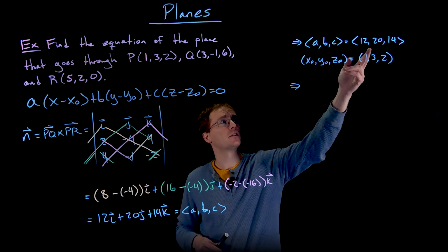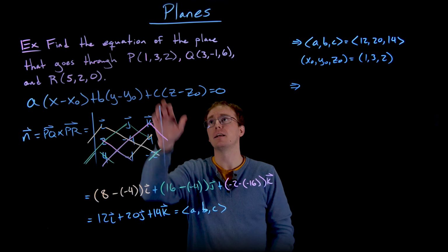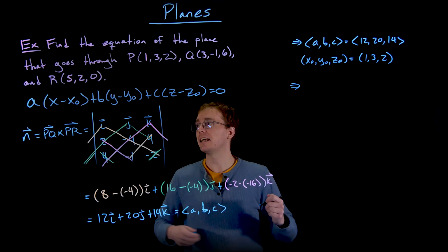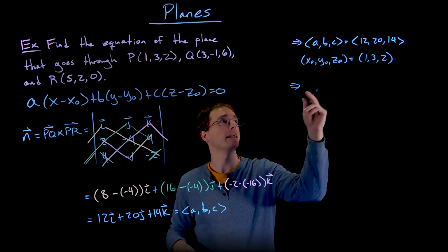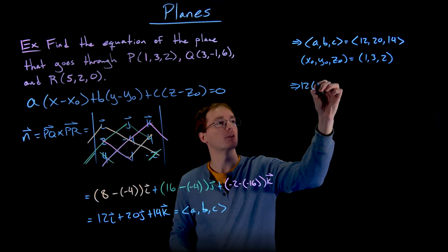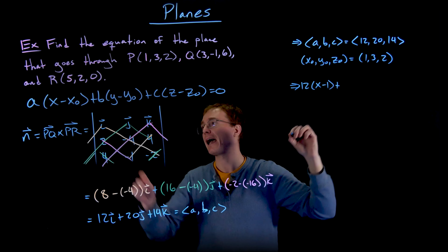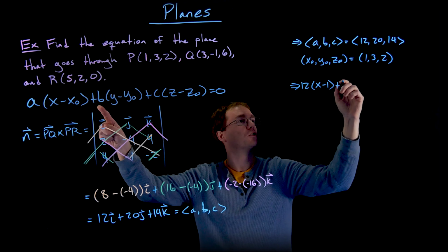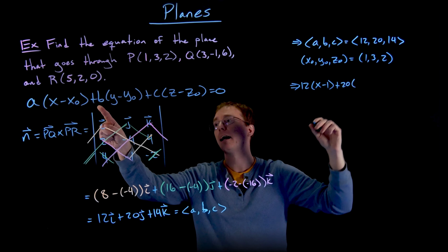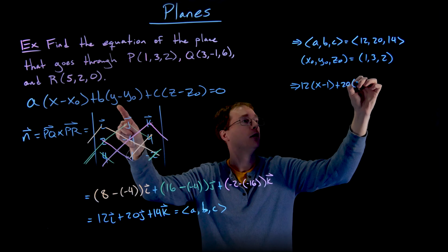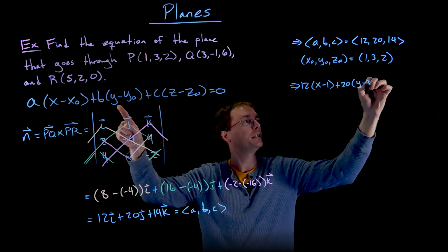But using the normal vector we came up with and the known point of 1, 3, 2, the scalar equation of our plane is going to look like a, or 12, times the quantity x minus x naught, or x minus 1. Then we add to that b, which is 20, multiplied by y minus y naught, which will look like y minus 3.